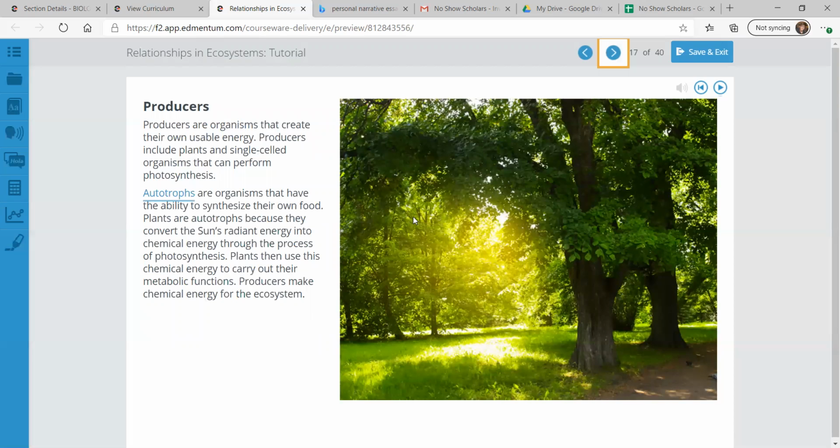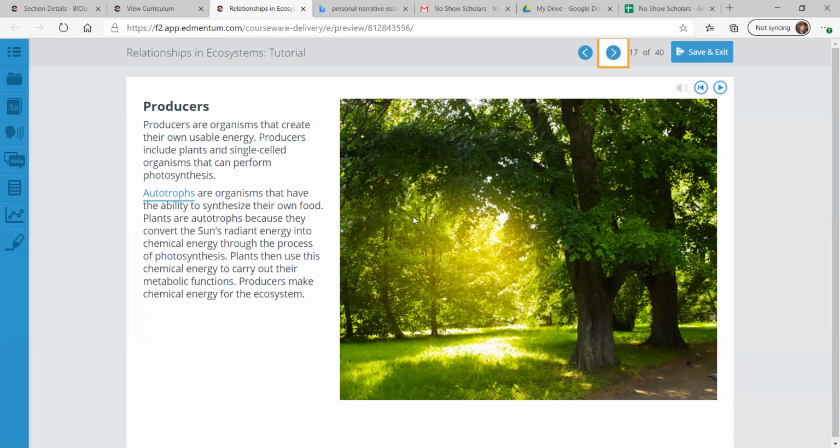Producers. These are organisms that are creating their own usable energy. These include plants and single-celled organisms that can perform photosynthesis. Autotrophs are organisms that have the ability to synthesize their own food.